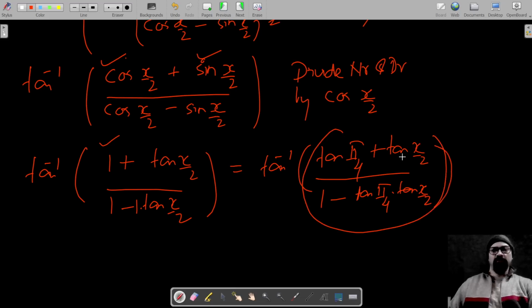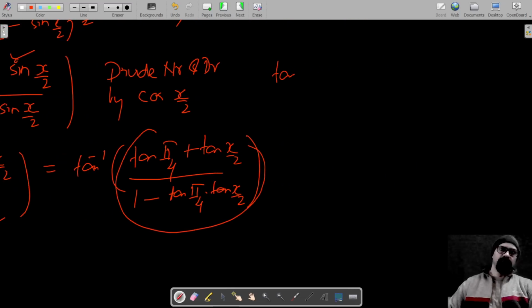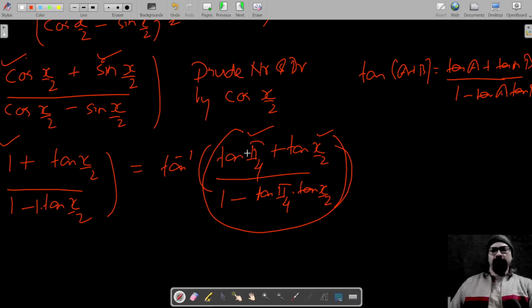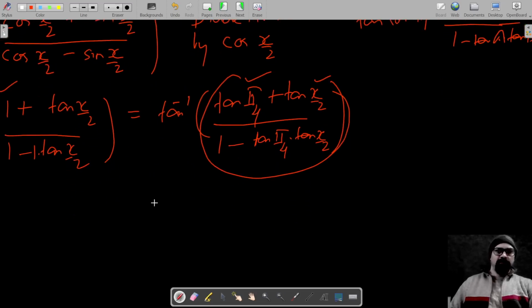Now this is of the form tan a plus b, because we know that tan a plus b is tan a plus tan b upon 1 minus tan a into tan b, where a is pi by 4 and b is x by 2.